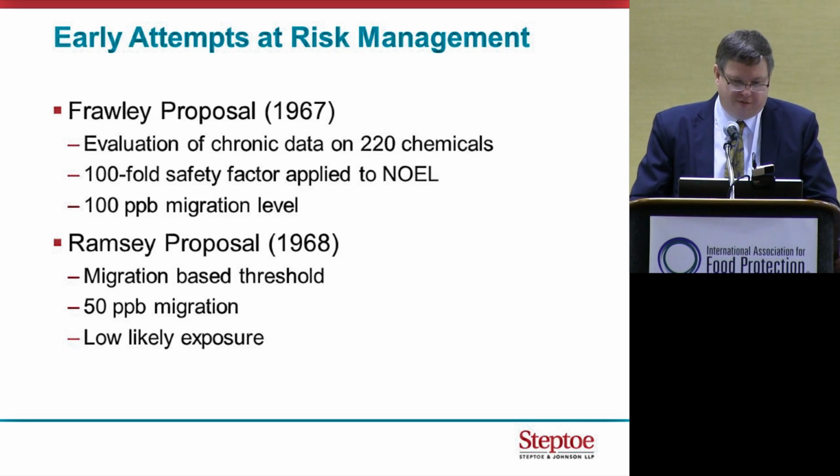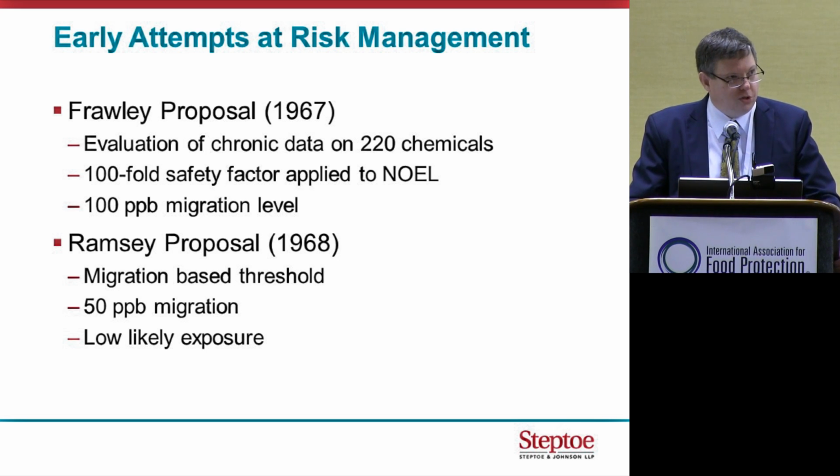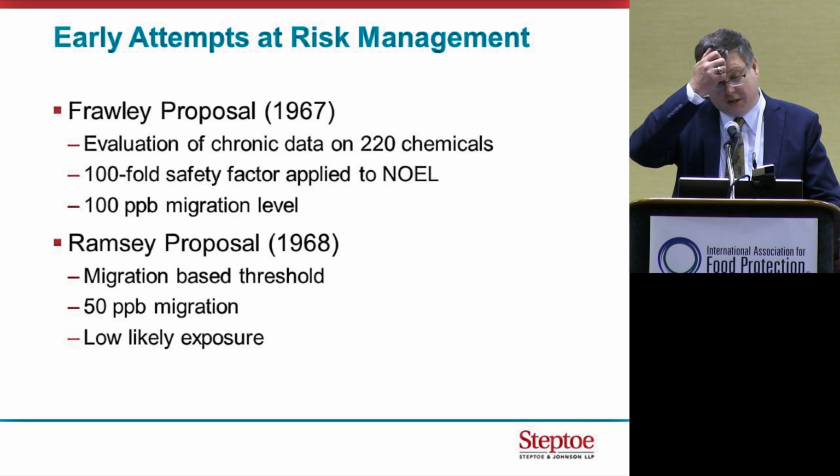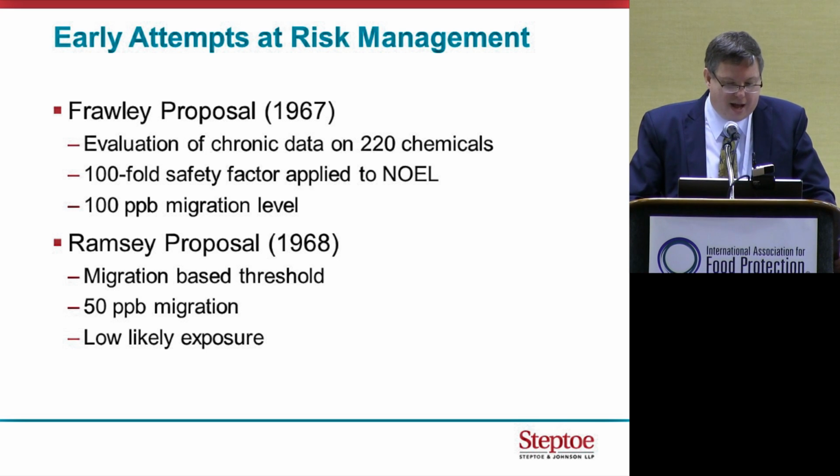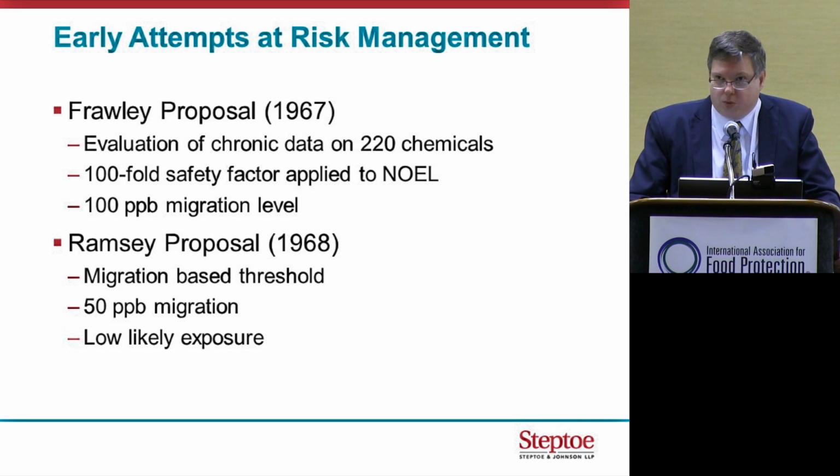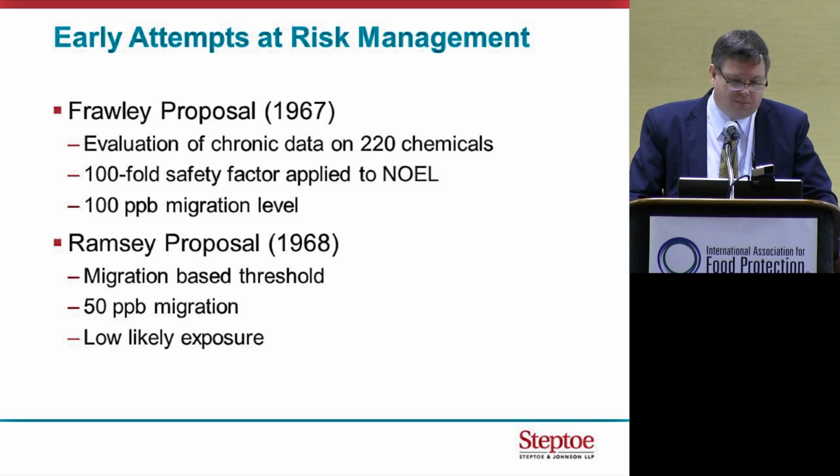So probably the first two attempts at threshold-type risk management approaches were a proposal by William Frawley, an industry toxicologist in the 1960s. Dr. Frawley's employer was a significant manufacturer of food packaging material. So he set out to determine whether or not there was a generally safe level of migration of packaging components into food.